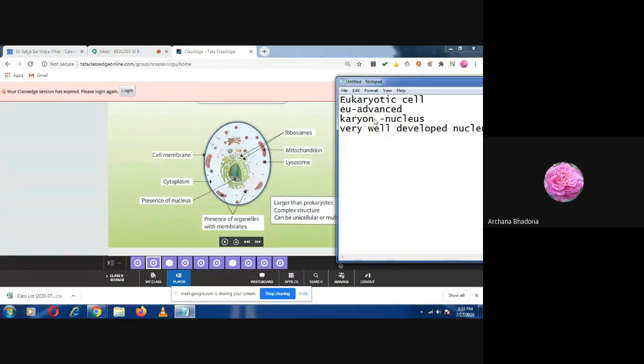Now, what do you mean by very well developed? It means the genetic material is a double stranded DNA.